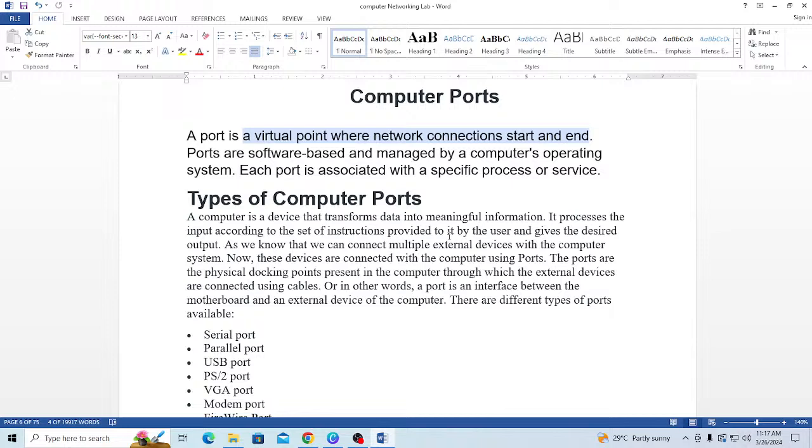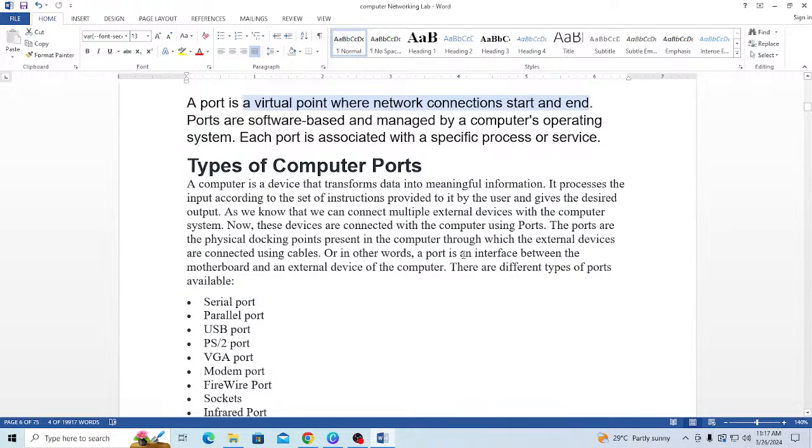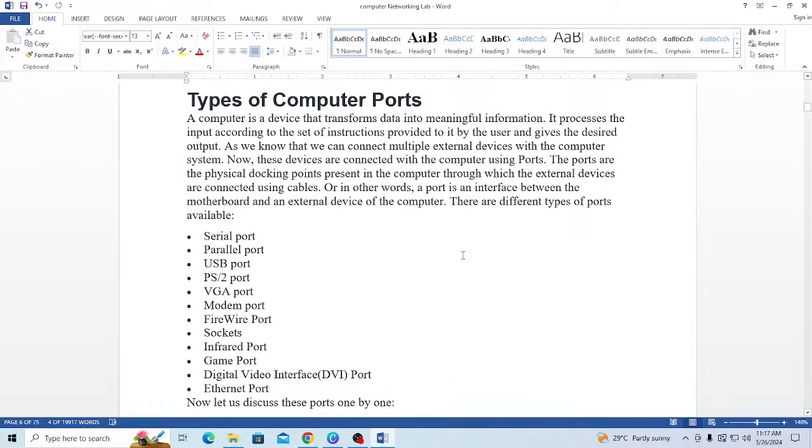So each and every port can maintain particular IP-related and instruction-related algorithms. That means each and every command will be accepted from the physical devices, and this physical device will accept the user inputs and process the data, and whatever information is needed by the particular destination port, it will send to the destination port.